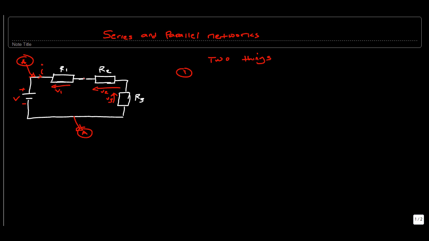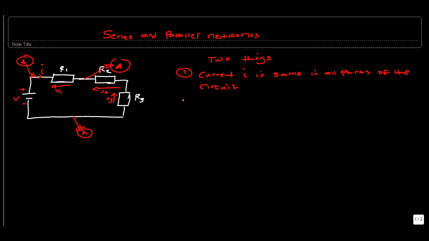So essentially, current I is the same in all parts of the circuit.